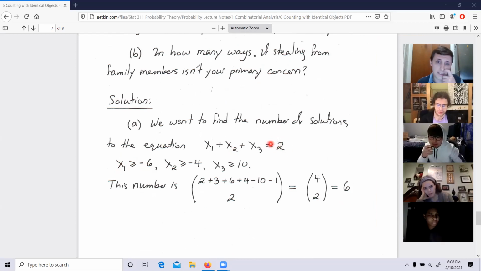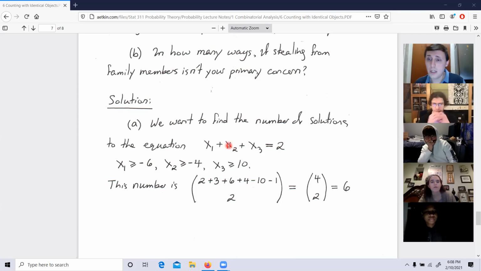So I normalized in such a way that at the end of the transaction, the number of spoons in the hands of your grandmother plus the number of spoons in the hands of your parents plus the number of spoons in the hands of the mob is going to equal 2, where the number of spoons can be negative.